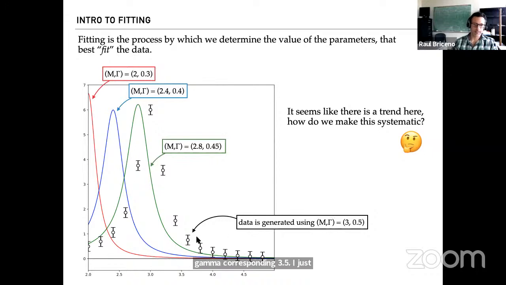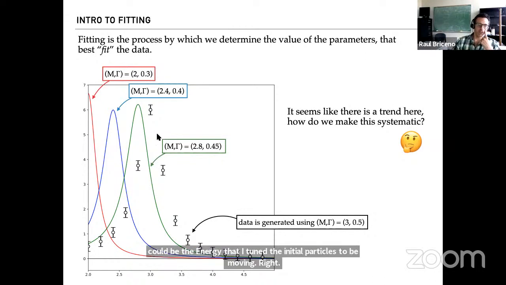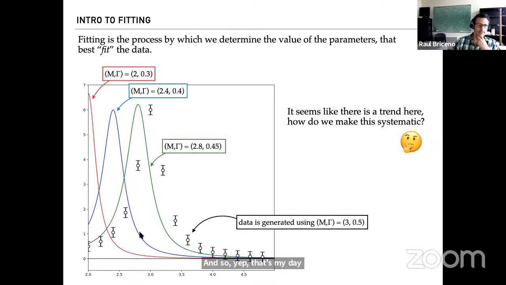I just picked some specific discrete energies at which I'm taking data. This could be the energy that I tuned the initial particles to be moving at. And so, there's my data.